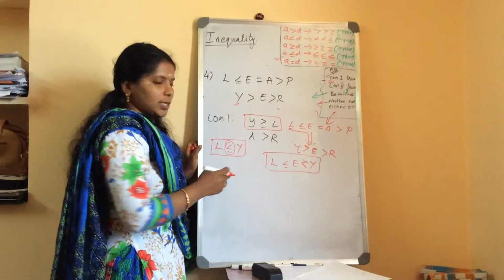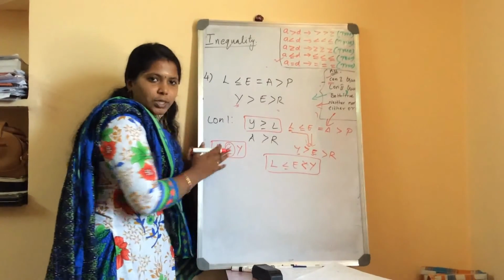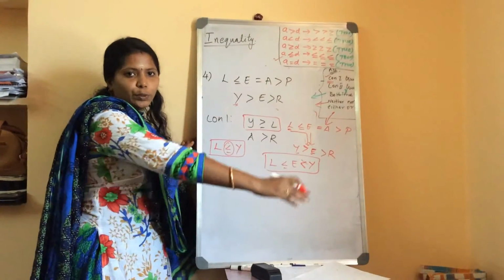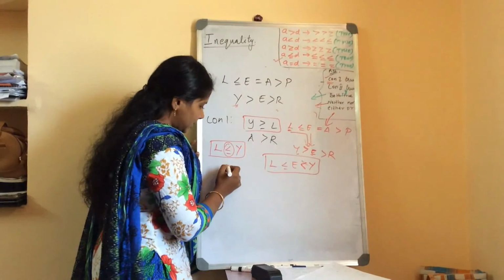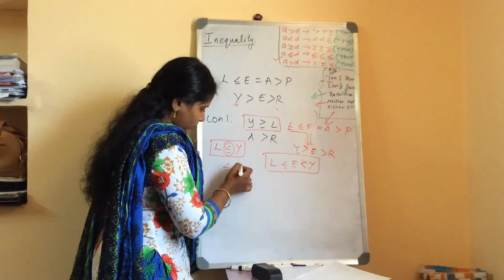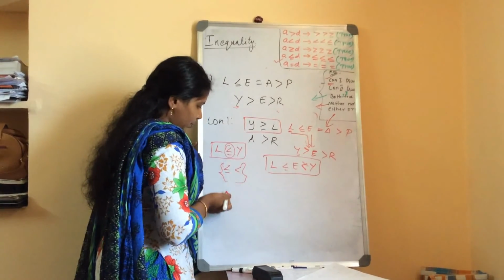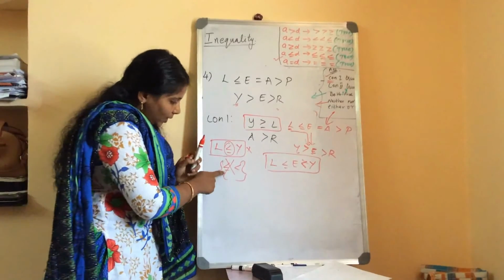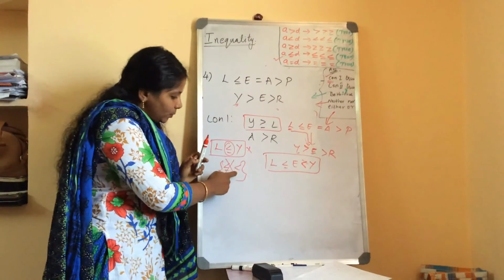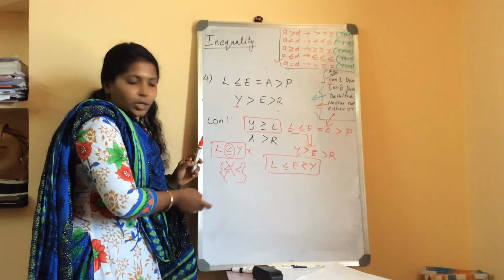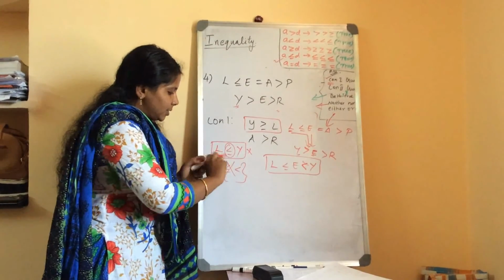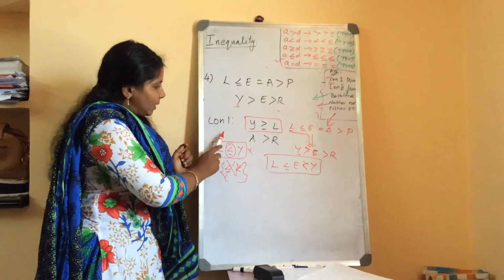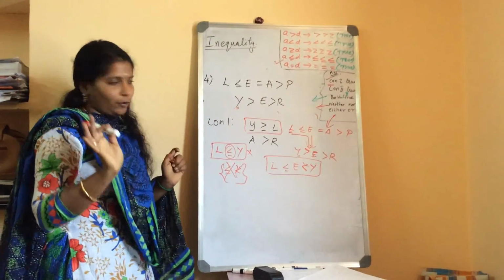Less than or equal to, as I told you, should always go with the less than or equal to symbol. Let's see this: less than or equal to, less than. It means conclusion 1 is false. We have one less than or equal to and another one less than, so it will not consider this, only the less than symbol. So this conclusion 1 is false.